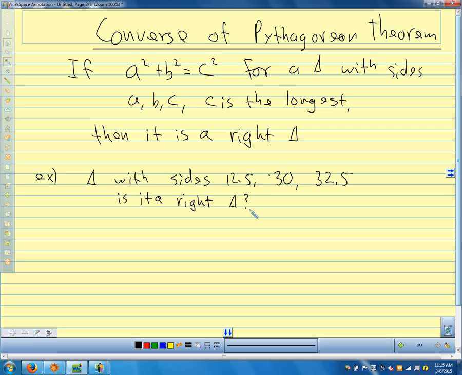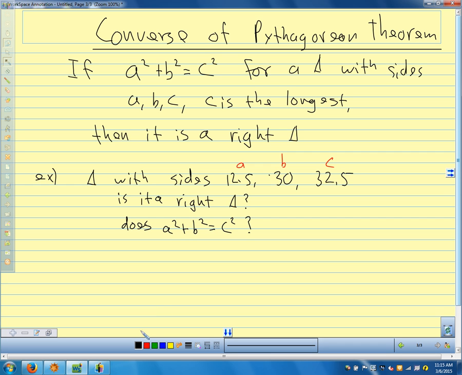So what this question is asking us, anytime we have something to do with the right triangle and the sides of the triangle, is: does a squared plus b squared equal c squared for those sides? So which side are we going to call c here? 32.5. C is always the biggest side. And it doesn't matter how I label the other two, a and b.